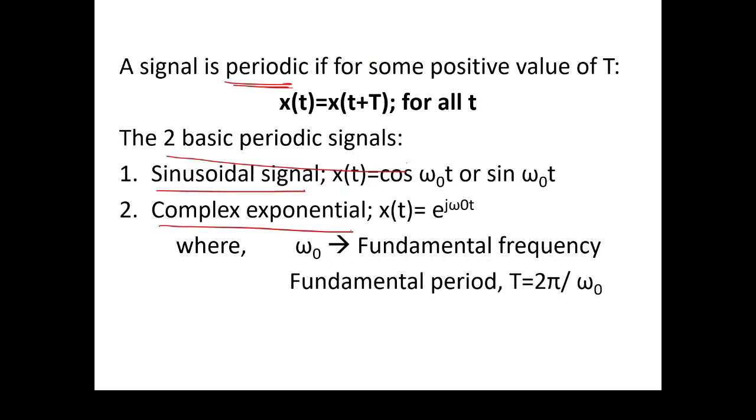In one of our last classes, we discussed that a periodic signal is given by x(t) equals x(t plus capital T), where capital T is the time period. So whether you add or deduct the time period for a periodic signal, the signal would be the same.